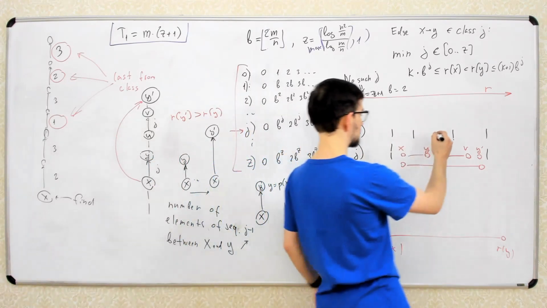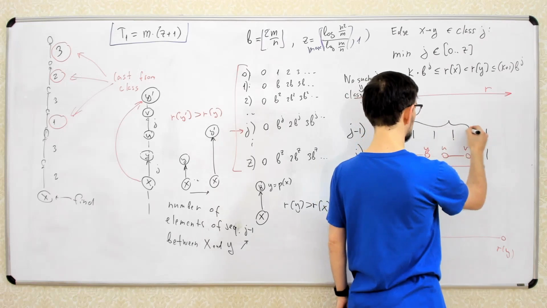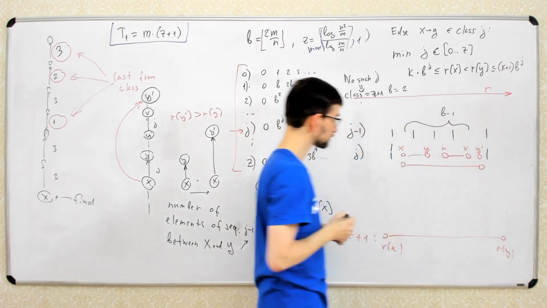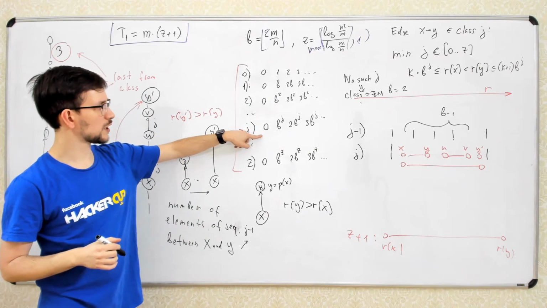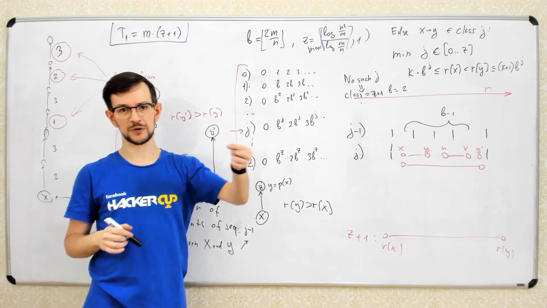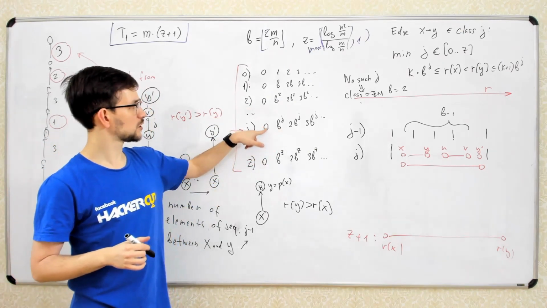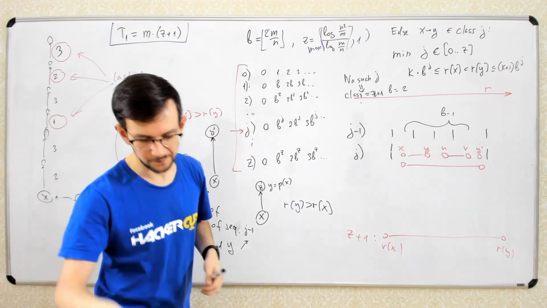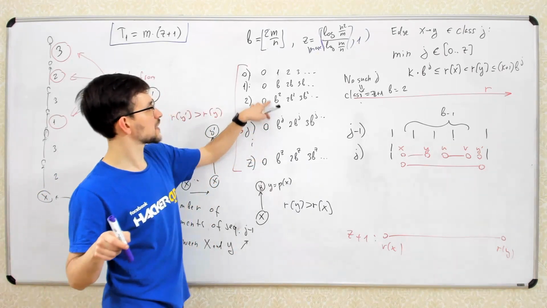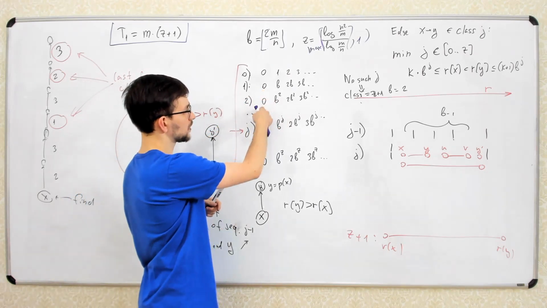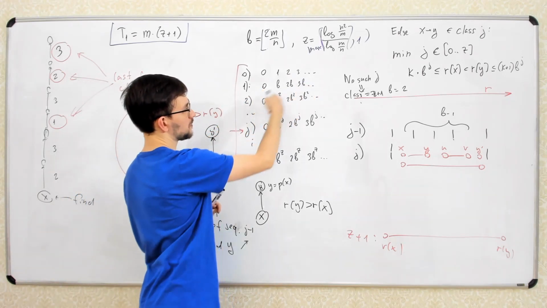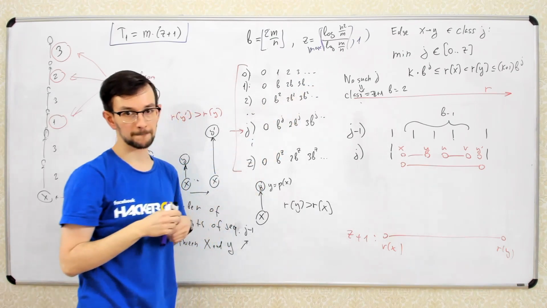And the number of elements here is b minus 1, because for each next sequence, we have the previous sequence with step equal to b. So here we have the same elements as here, but with step equal to b. So we take the first element, then we have b elements, and so on.